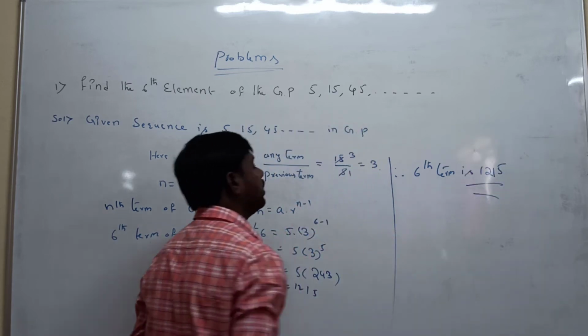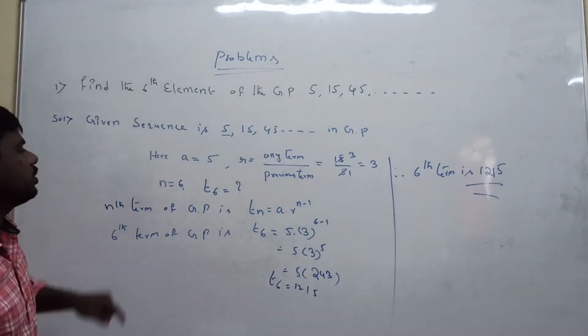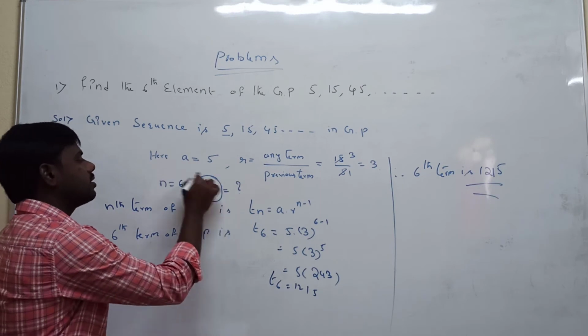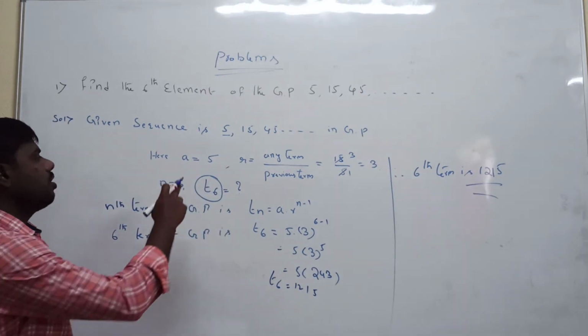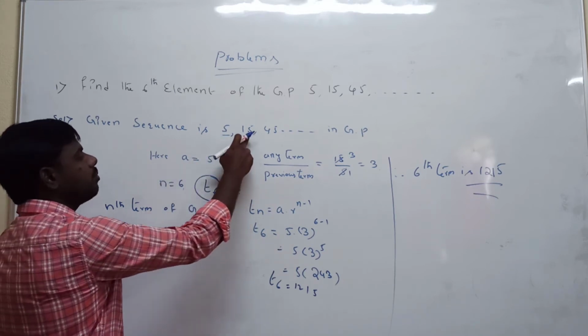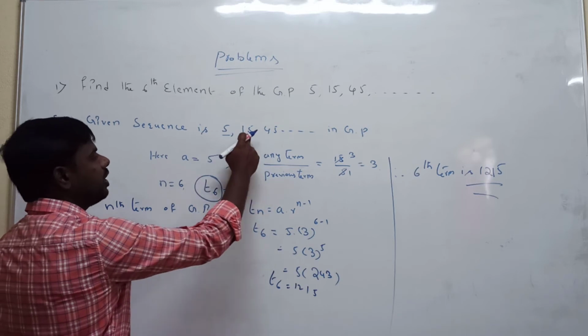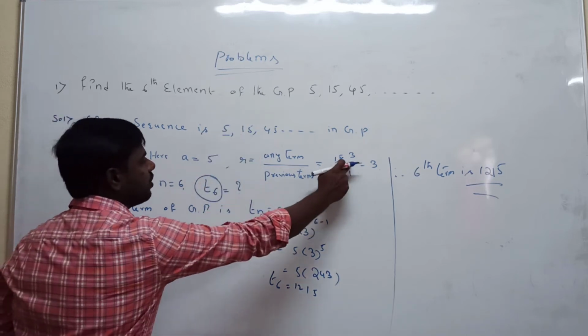Finally, my conclusion: the sixth term, or sixth element, is 1215. Listen once again. What is being asked? Find the sixth element. In the given sequence, easily identify the first term, A is equal to 5. The common ratio is any term divided by the previous term. So I am taking 15 divided by the previous term 5, which is 3. R is equal to 3.